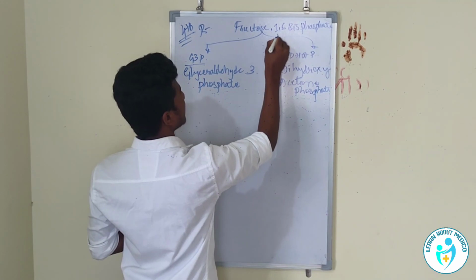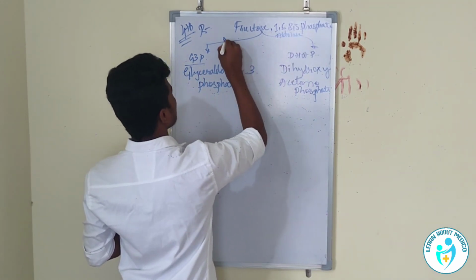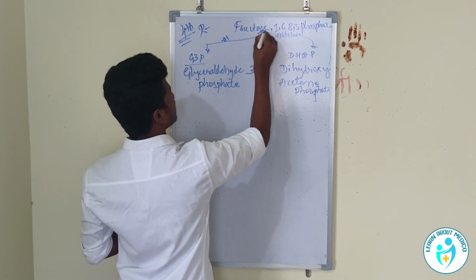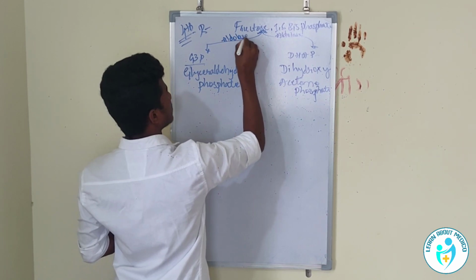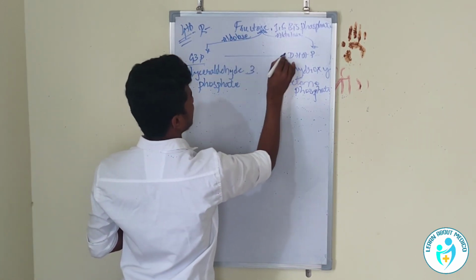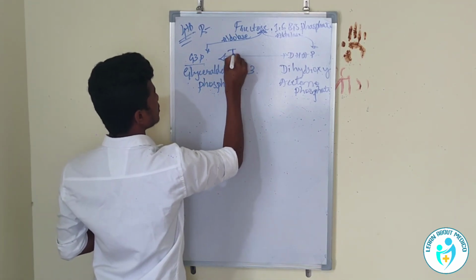With the help of the enzyme aldolase, this is a reversible step. These two are interconvertible with the help of the enzyme triose isomerase.